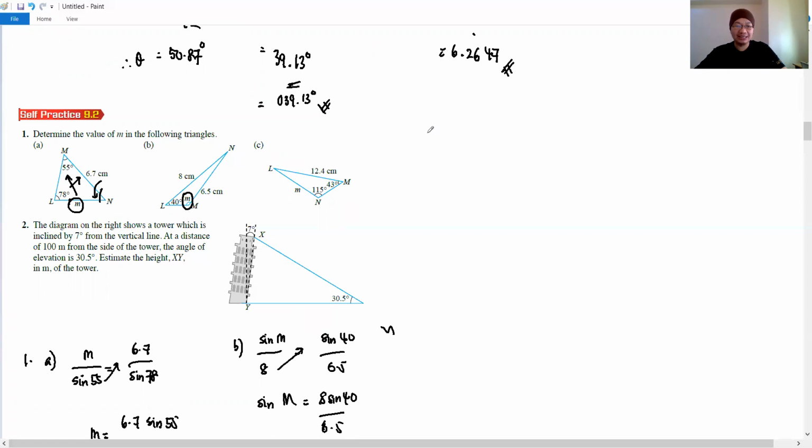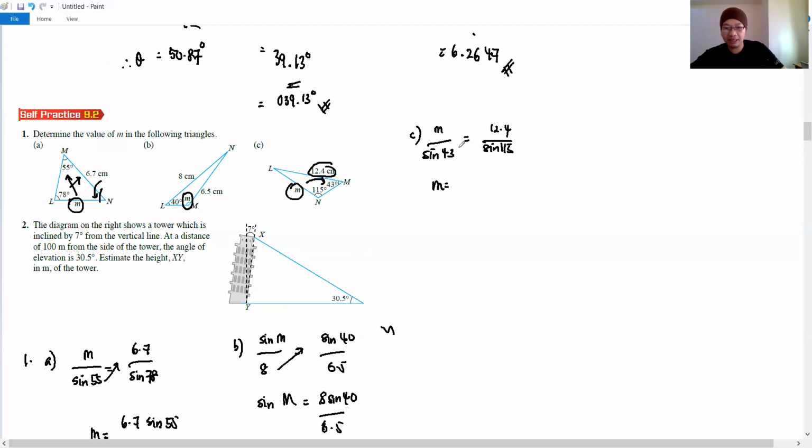Now, how about C? For question C, I want to find the length of M here. The side M is paired with 43, so M over sine 43 equals 12.4, the length paired with the angle of 115, over sine 115.